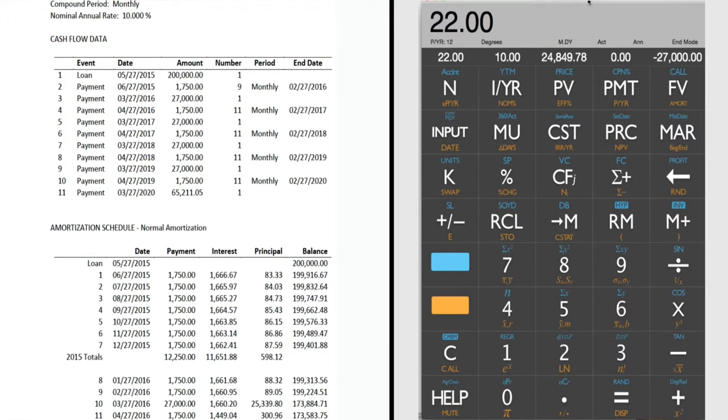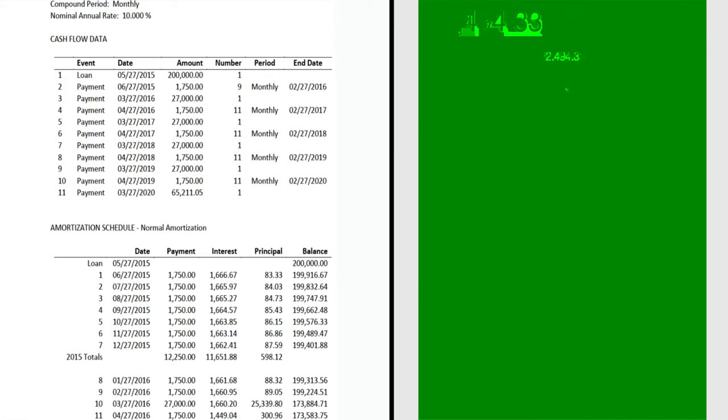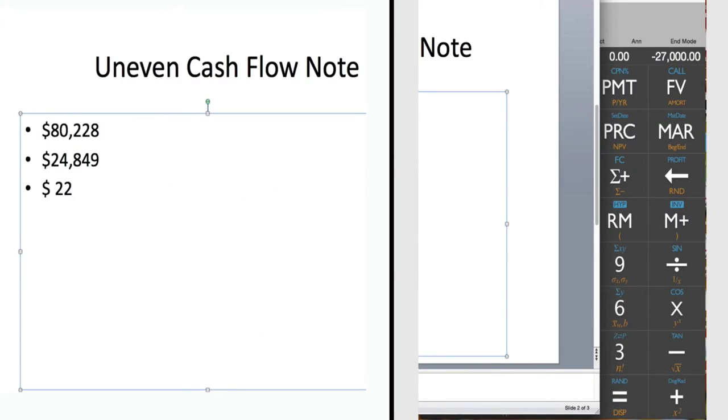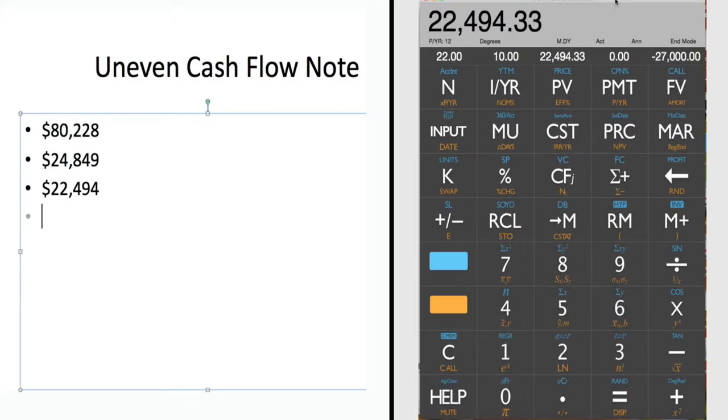What can I pay now for that one? 22,494. Okay, next one. Recall n plus 12 equals 34. What can I pay for that one? 2362.